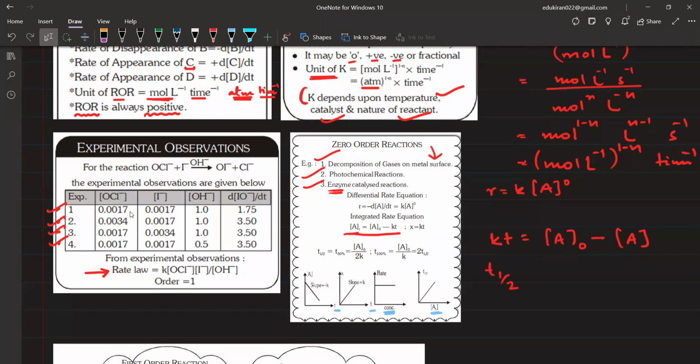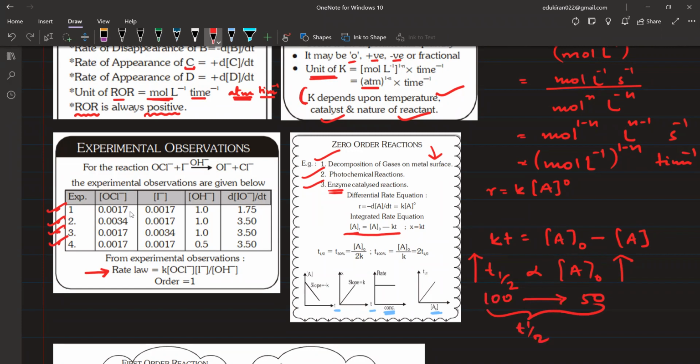T half of a zero order reaction is directly proportional to the initial concentration. If the initial concentration is high, the T half will also be high. What is T half? The time taken for 50% consumption of the reactant. The time it takes to go from 100 to 50 is known as the T half.